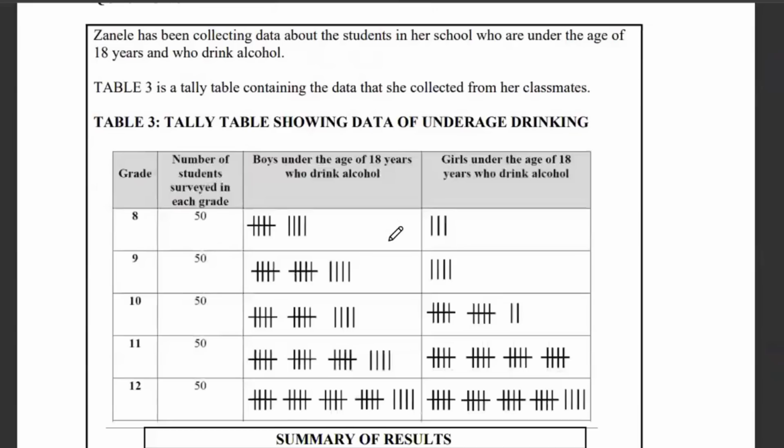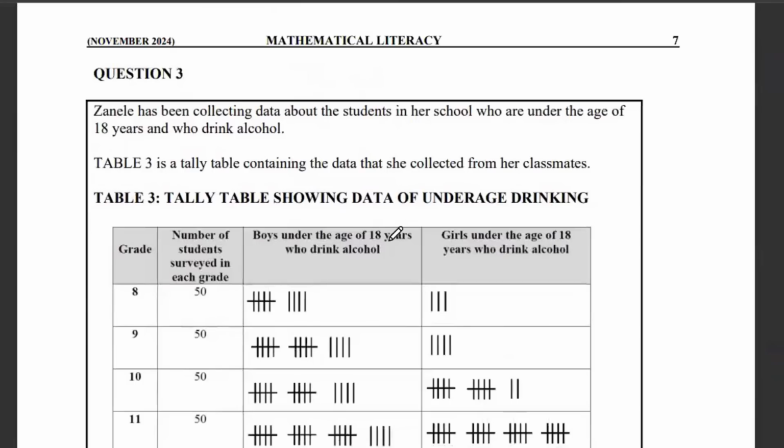Let's go to question number 3. Zanele has been collecting data about students in her school who are under the age of 18 years and drink alcohol.